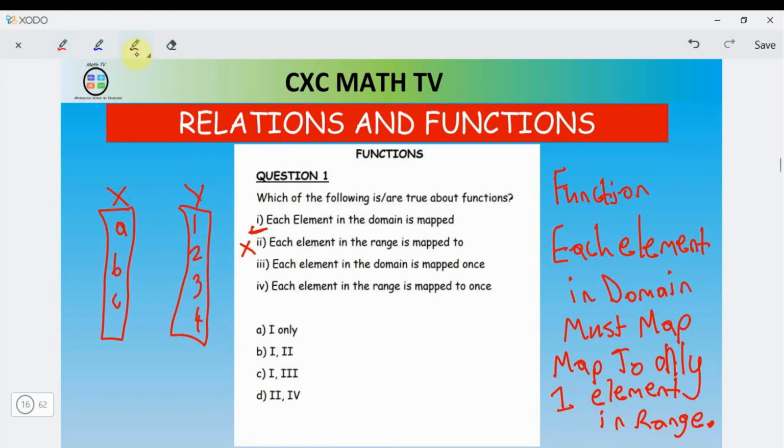And as we can see right here, maybe A mapped to 1, B mapped to 2, and C mapped to 3. That is a function, but 4 is not mapped. So 2 is definitely out. It says each element in the domain is mapped once. Now that must be true. Number 3, each element in the domain must be mapped once. So 1 and 3, and so therefore it is going to be option C. Nice.